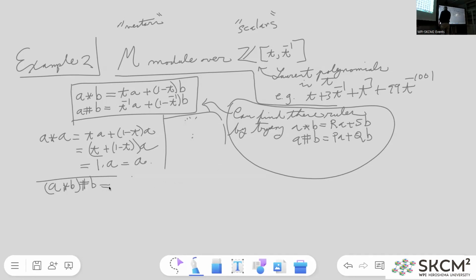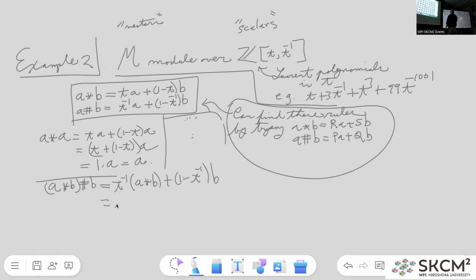So it's T inverse times the first one, A star B, plus 1 minus T inverse times the second one, right? That's my rule. Now you're memorizing my rule, probably, right? I set it up so it would be easy to remember. You multiply the first one by T and the second one by 1 minus T, or inverse, as the case may be. It's good to remember.